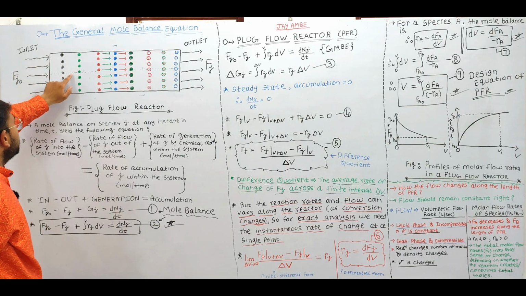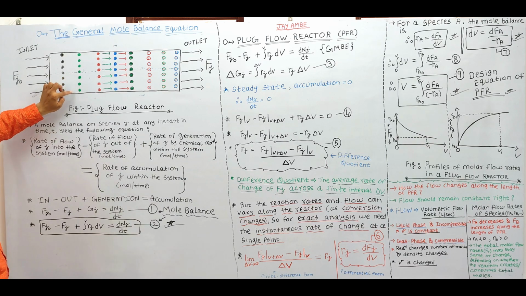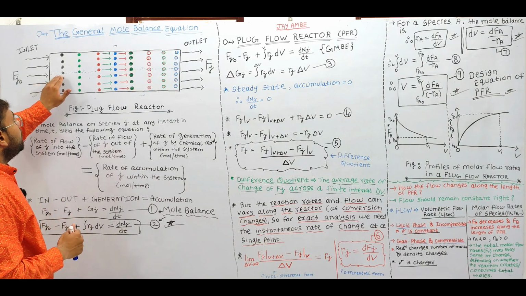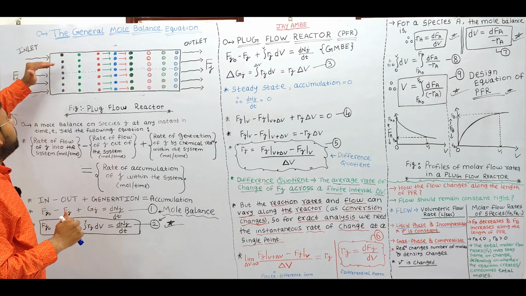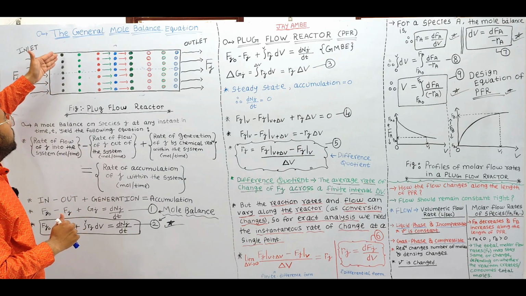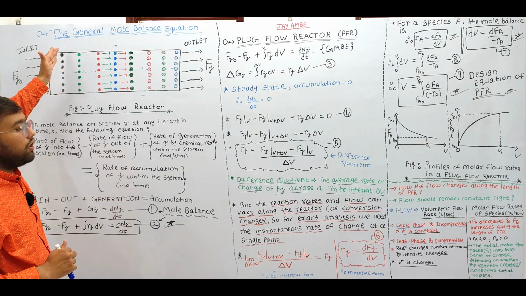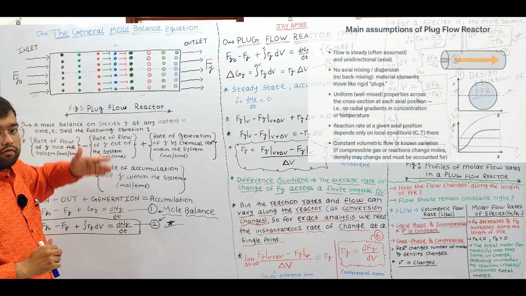And from the axis to the bottom inner surface of the reactor, from here to here, it also represents the radial direction, right? So there will be no axial mixing, but there will be uniform mixing throughout the radial direction, throughout the cross section at each and every axial position, right?